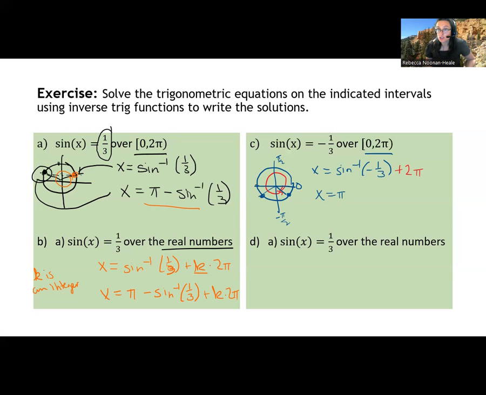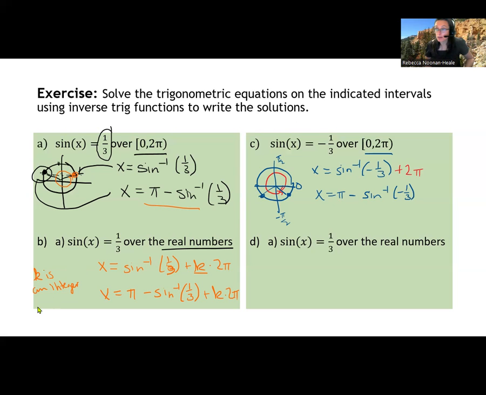And then I want to go this amount. Well, sine inverse of -1/3, that's a negative amount. So if I subtract it, it'll be like adding the absolute value. So pi minus sine inverse of -1/3.